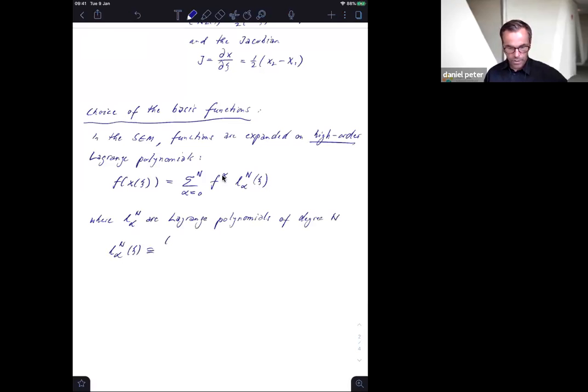Here is the definition of such a polynomial. We can write this in terms of products: psi minus psi 0, etc., psi minus psi alpha minus 1, times psi minus psi alpha plus 1, to psi minus psi n, divided by psi alpha minus psi 0, etc., etc. Now we have our psi alpha instead of psi.